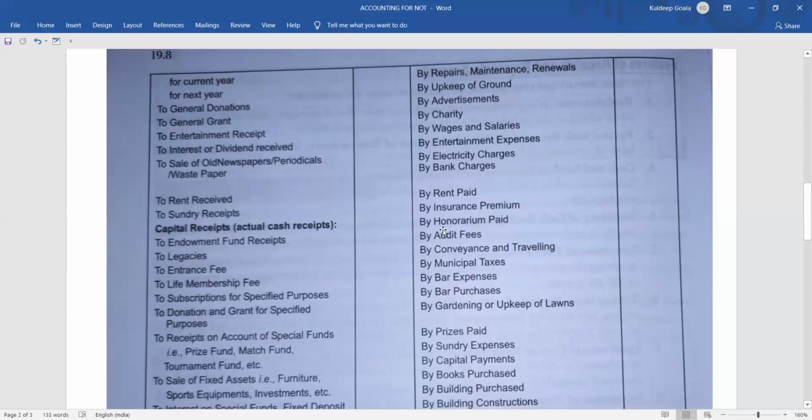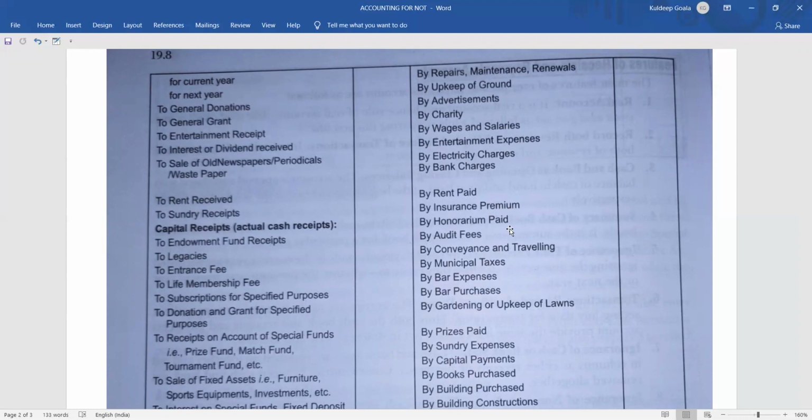By honorarium paid. Honorarium means the amount of money that is given to a specialized person who is invited to your club for providing a specialized service. Suppose you have invited a doctor to provide free medical checkup to many people.